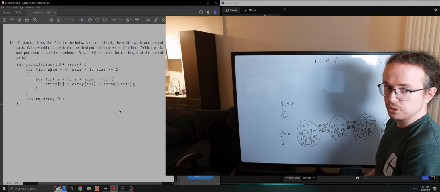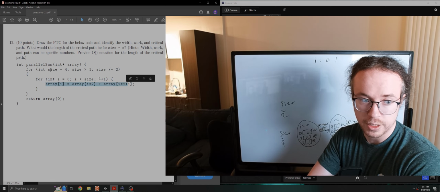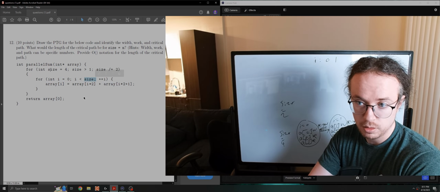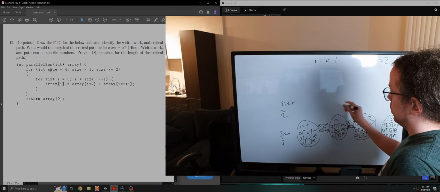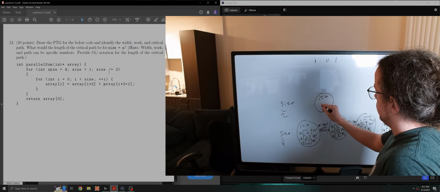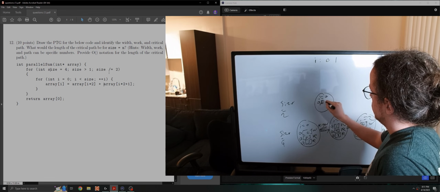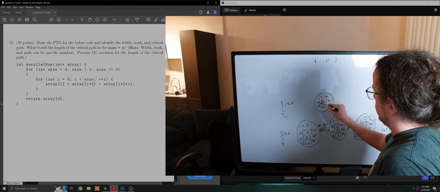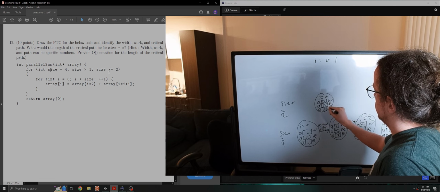We know size equals 2, but our computation here doesn't actually change at all, right? We're going to count from 0 to 1 and access the data the exact same way. So you can actually copy these nodes. So you do I equals 0, A at 0 has a write, A 0 has a read, A1 also has a read.